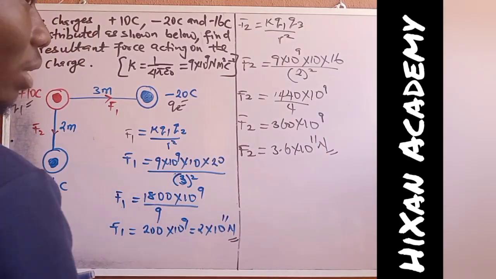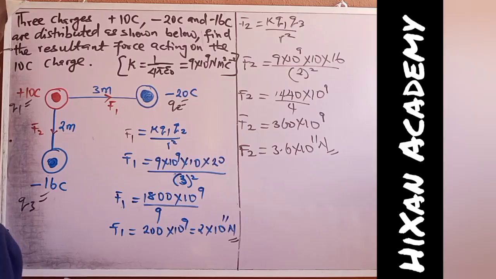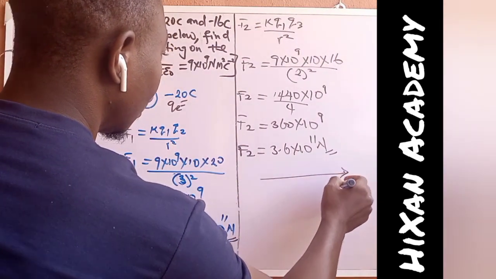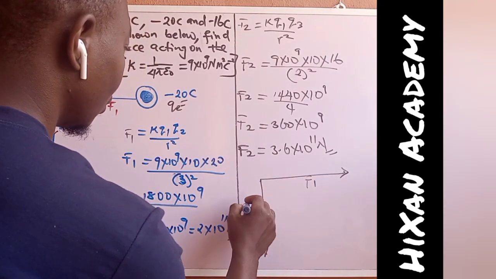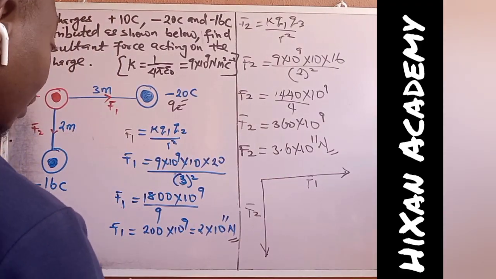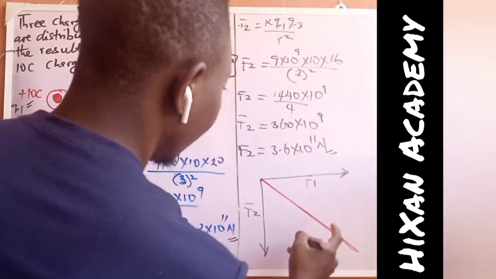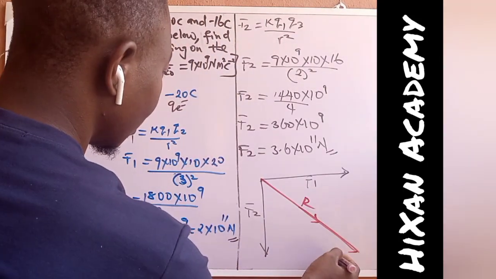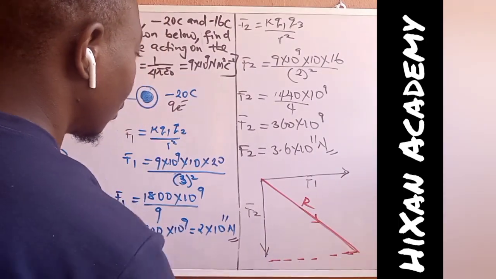So we've gotten our F1 and F2. So let's look at the resultant of F1 and F2. Remember, this is our F1 and this is our F2. Okay, so we're going to draw a resultant here for them. So this will be the resultant of both of them, R. So we can complete this way to form a right angle triangle, right?